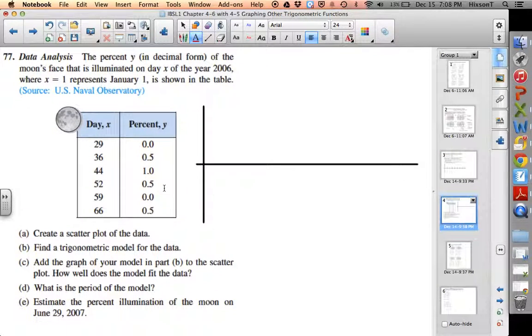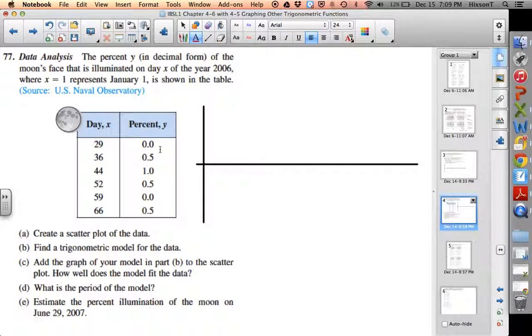Here as well, remember when we talked about modeling, to find the trig model, you can see here your 0 is going to be the min, because obviously you can't have less than 0%. And then 100% of the moon, that would be like a full moon. The 0% would be like a new moon. And then you've got your half moon here. And you can tell what your period is by looking at the number of days.